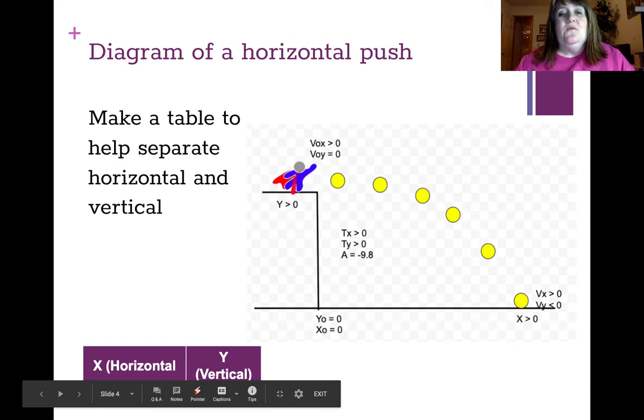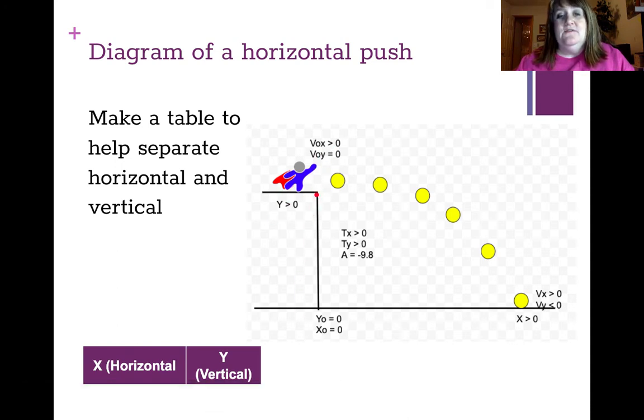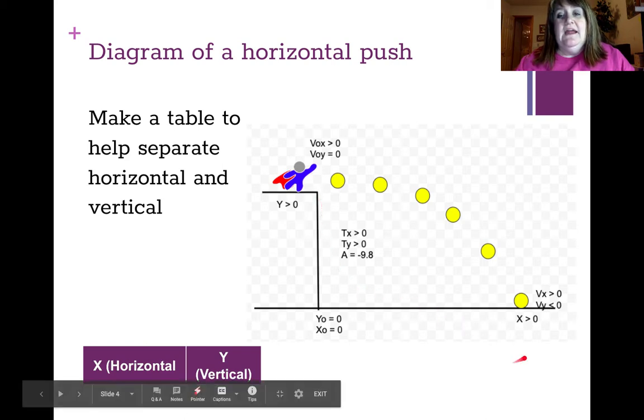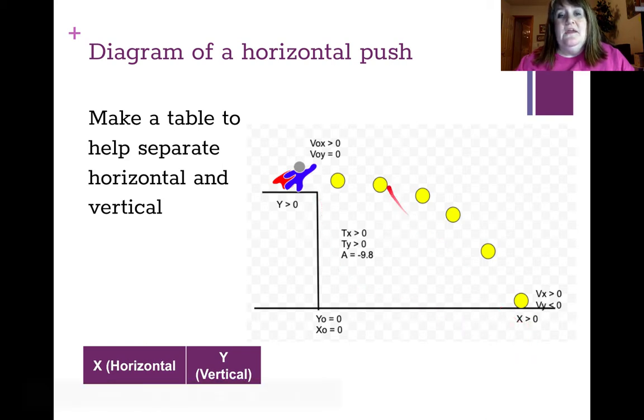We have y is the height of the cliff, building, whatever, and x. We have v naught x and v naught y. We have vx and vy. We have tx and ty. And then we have ay, which is that negative 9.8.